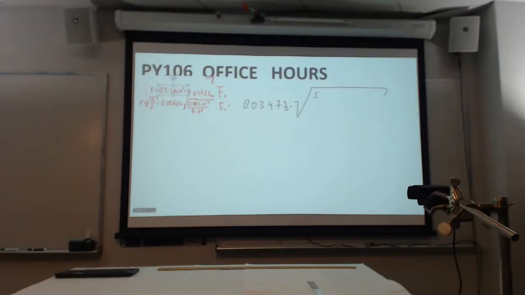I want to rewrite it: 5.1893 times 10 to the negative 4.